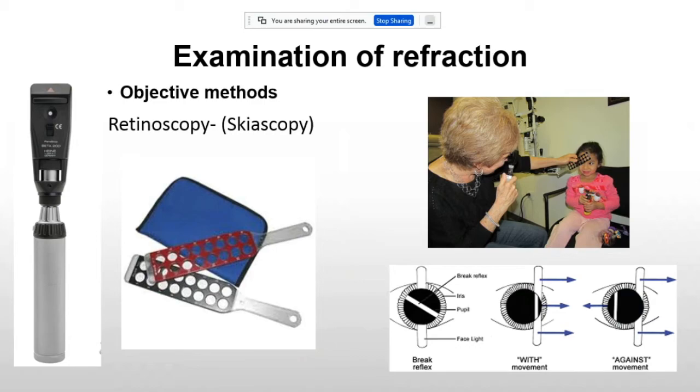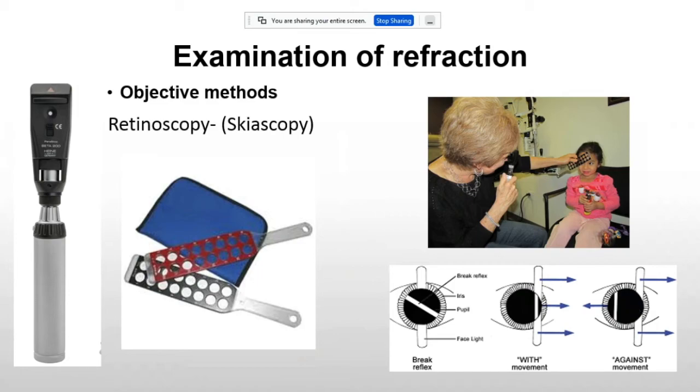When you have myopia of minus 1, you don't use the scales because you're at the distant point and you have this splitting of the shadow. And only in myopia of more than 1 diopter do you use the minus scale. Why do you get this against movement?